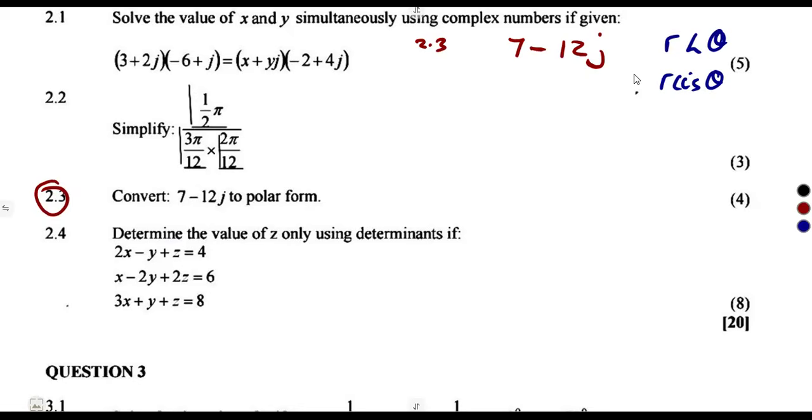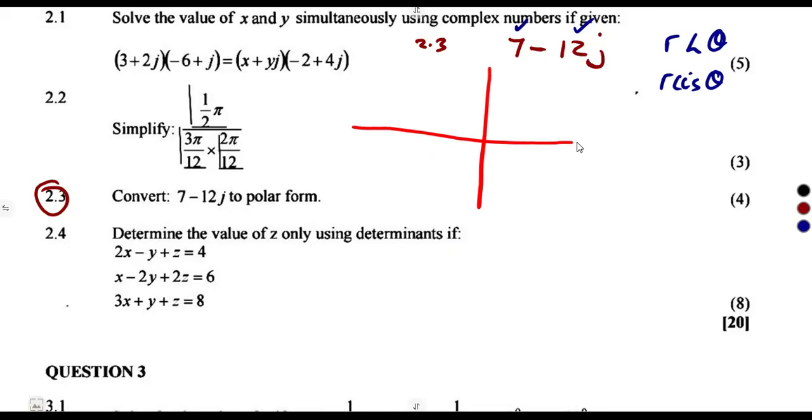As for the resultant, you can simply look at it and calculate it. But as for the argument, which is our angle theta, we actually need to know in which quadrant this is going to lie, where we have the real being positive and the imaginary being negative, if we were to present it on the Argand diagram.